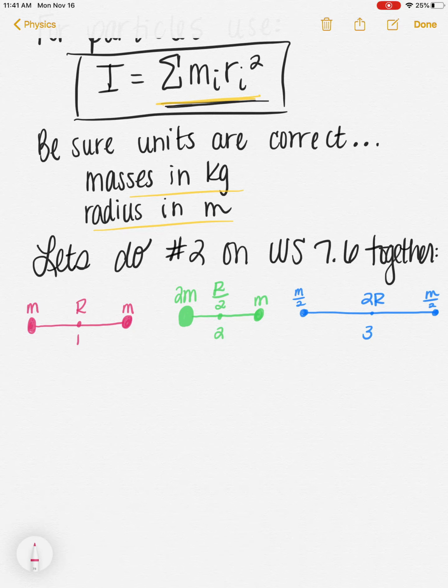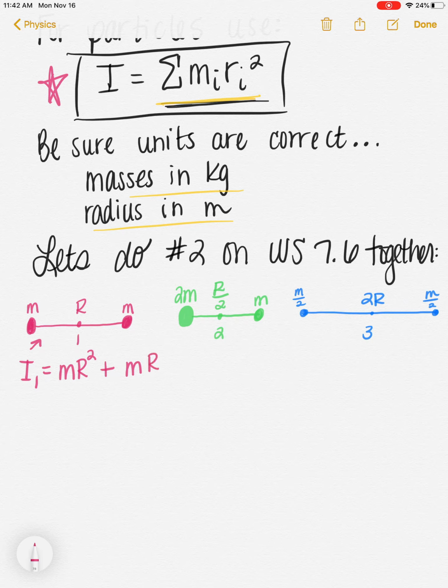So the moment of inertia for scenario 1 would be equal to the moment of inertia for this left sphere plus the moment of inertia for the right sphere. The moment of inertia for the left sphere is going to be a small m, because that's what they say the mass is, times the radius of r squared, mr squared. Then we have to add on the moment of inertia for the second sphere.